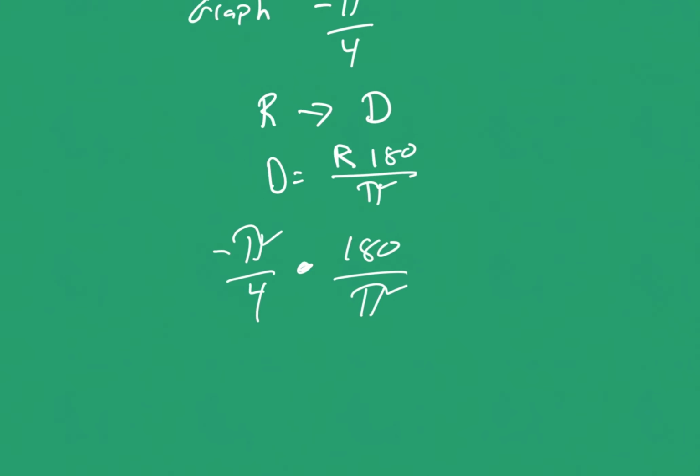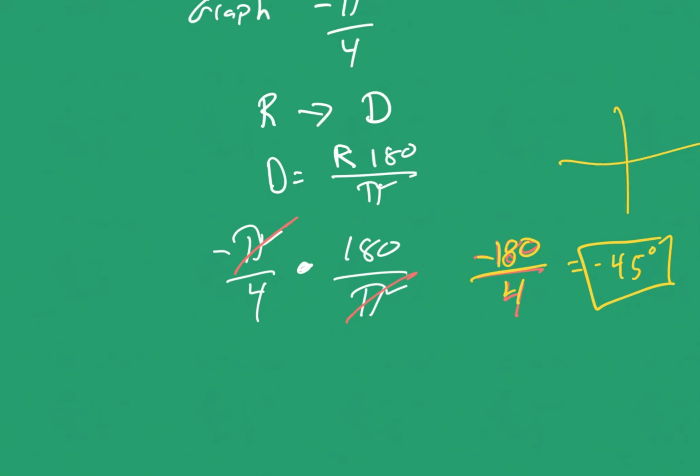Well, the pi's cancel each other out, which is good. So we end up with negative 180 over 4. Multiplying fractions is no problem. Take the top times the top, and the bottom times the bottom. And then if you take negative 180 and divide it by 4, you get a negative 45 degree angle.